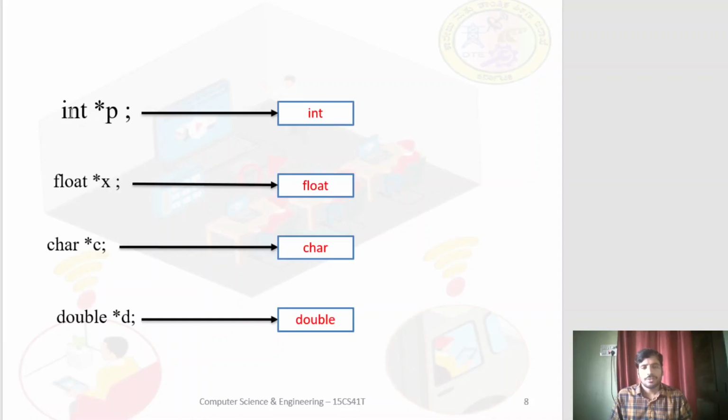Whenever these pointers are declared, memory blocks are allocated for those data types. So let us see through program execution how the memory locations are allocated to these pointers.